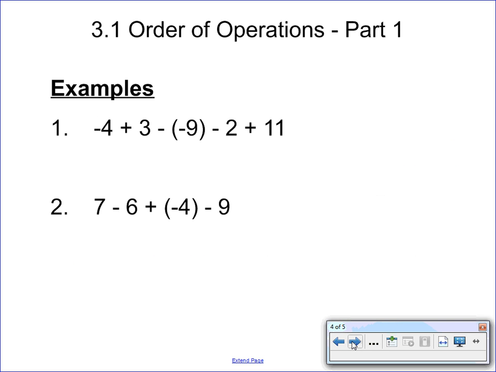So if I look at negative 4 plus 3, I can do my good guys, bad guys. 4 negatives and 3 positives means I'm going to have a negative 1. The minus and the negative 9, I'm going to write out.